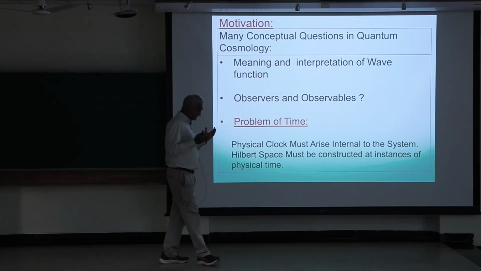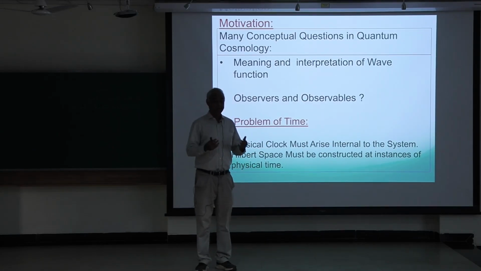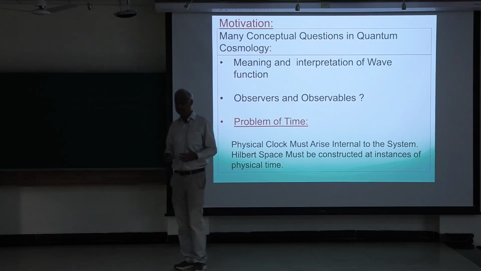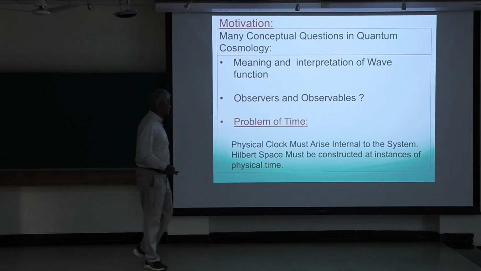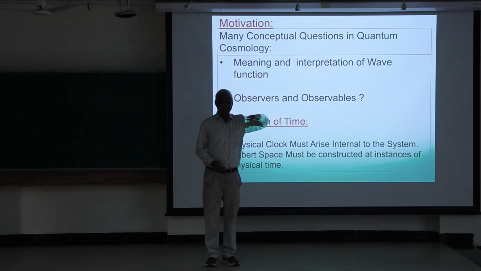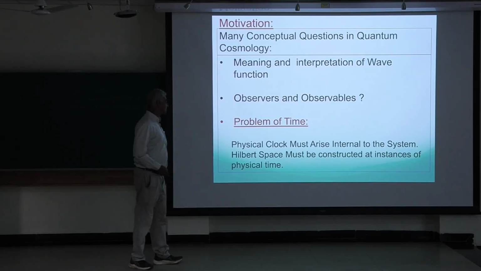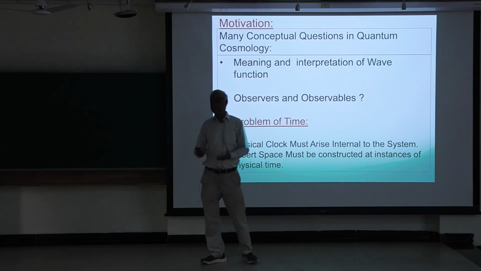And then you have to do this thing which we never do normally in quantum mechanics, which is we take one degree of freedom or a set of degrees of freedom internal to the system, promote them to be clock variables, and then construct a Hilbert space at instances of that clock, and in that Hilbert space then compute the expectation values, etc., of other degrees of freedom.